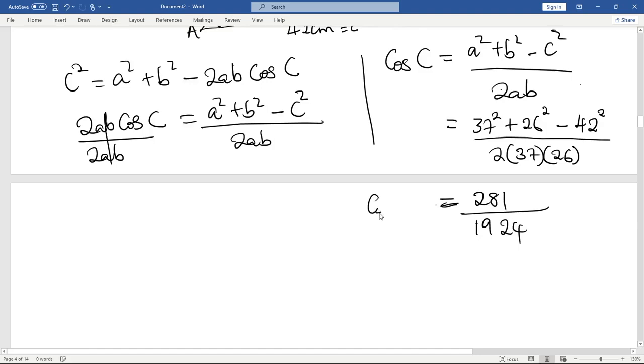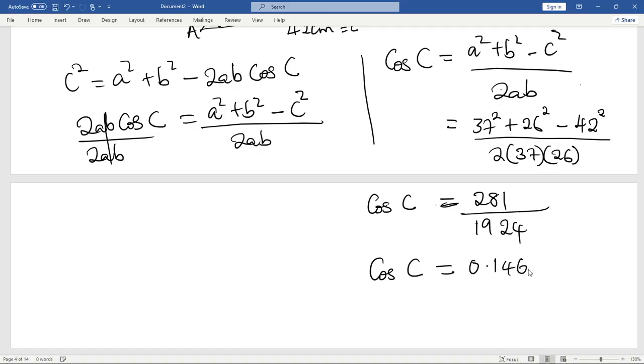So remember, this is cos C here. So we have cos C is equal to 281 divided by 1924, we're having 0.14604. Okay, so 0.146 there.